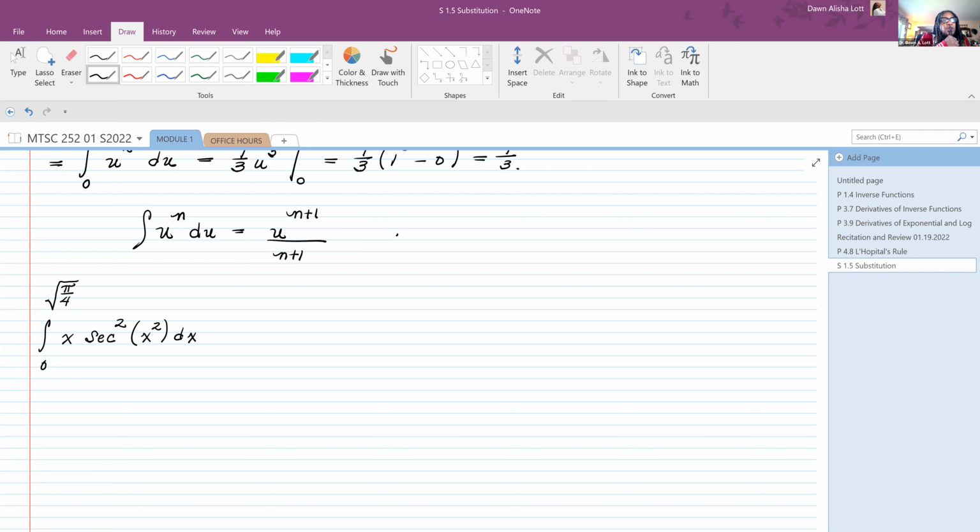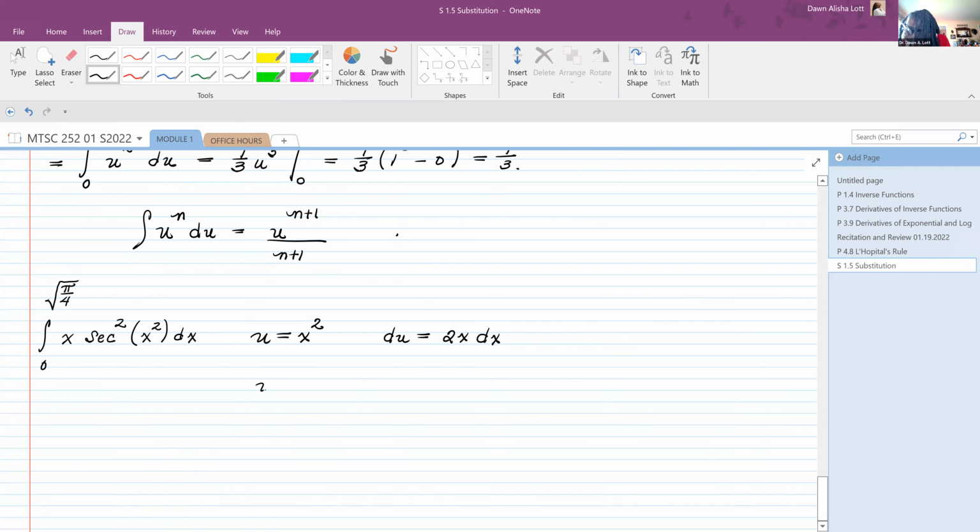Okay, so what is u in this problem? X squared. Yes. And so du is 2x dx.